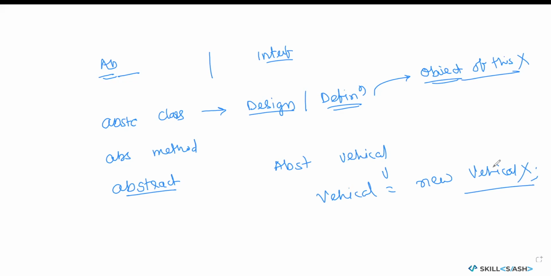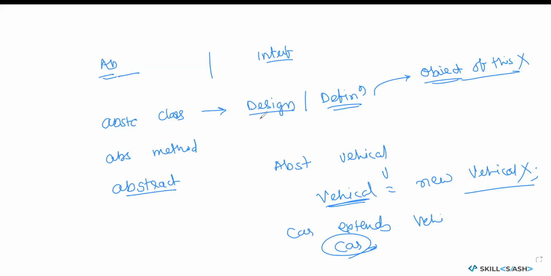What I have to do is inherit this class, something like Car extends Vehicle, and then I'll create an object of Car, not an object of Vehicle. Again, an object of Vehicle will create an error. Then I'll create an object of Car.